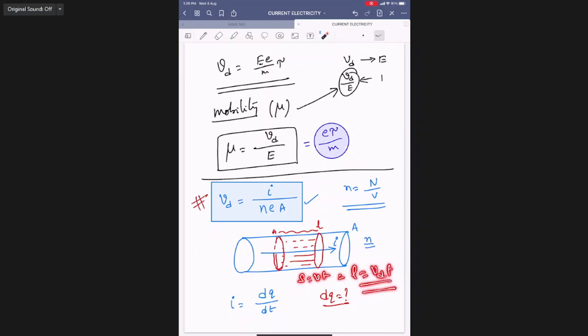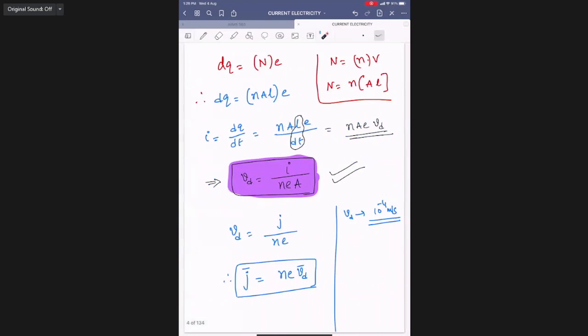That's why we take L by dt, or L by time, as drift velocity. So I equals n e A vd, and drift velocity is I by neA. Got it?